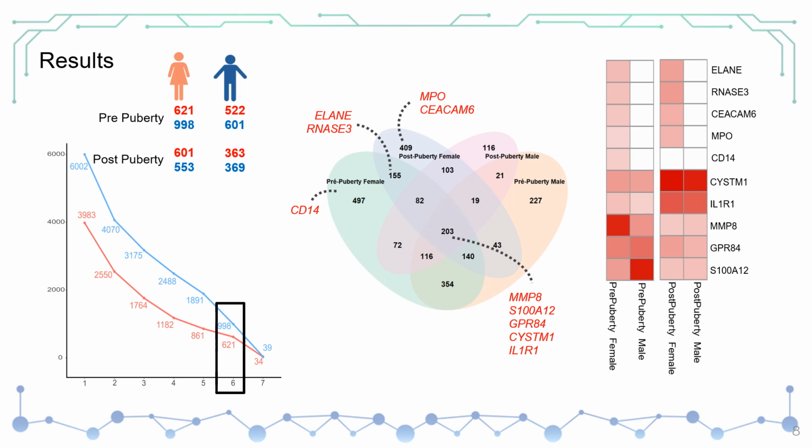And we have also other genes here such as MMP8, GPR84, and so on. So we are investigating those genes deeply, and we have on the right the log two-fold change of those genes.